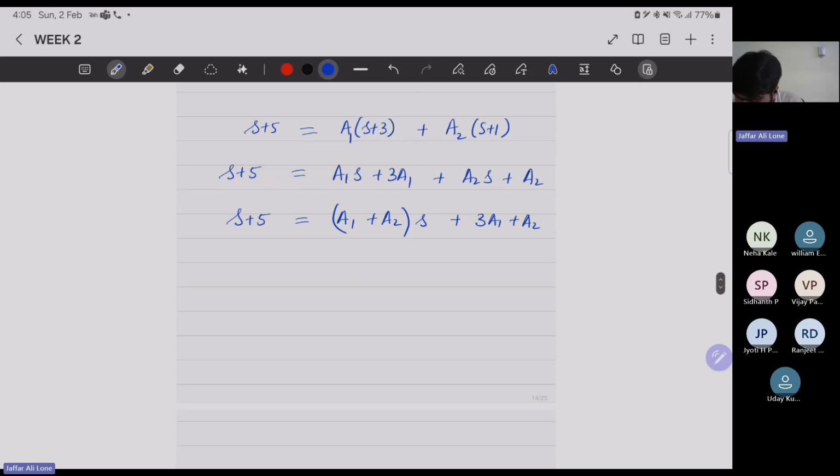Now comparing coefficients, a1 + a2 is equal to 1 and 3a1 + a2 is equal to 5.